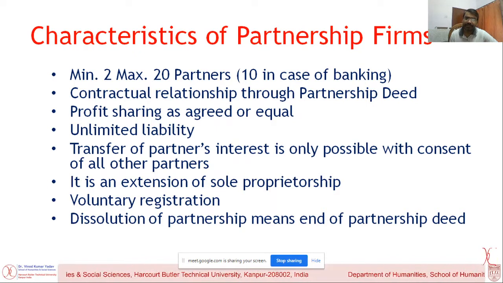Then the British government finally formed the 1890 Partnership Act, and the Indian Partnership Act was legalized in 1932 by the British. We are still continuously amending that Partnership Act, but the fundamental structure is very similar to the British structure.